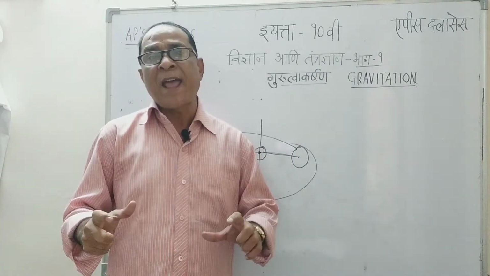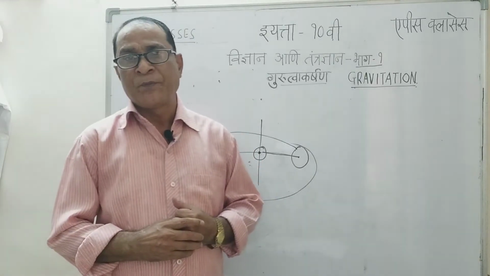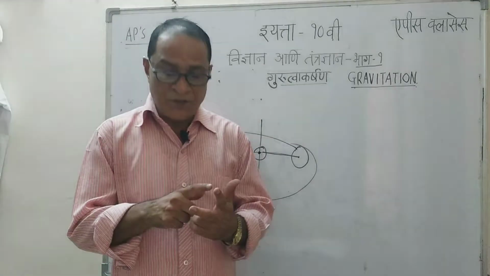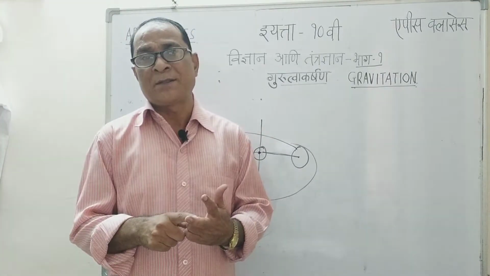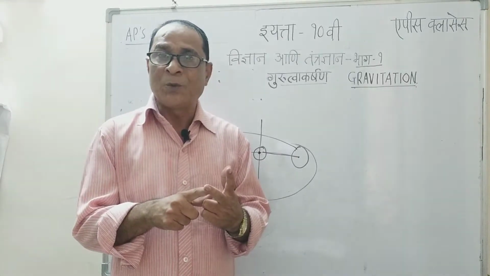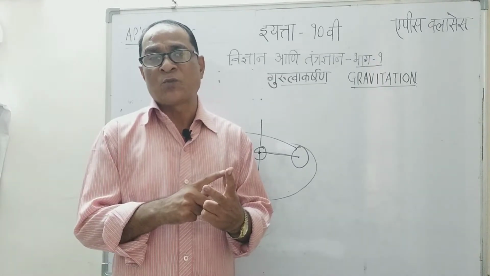Atom is treated as the smallest particle of any element. There are three particles: protons, neutrons, and electrons. Proton is positive, electron is negative, and negative is attracted towards positive.